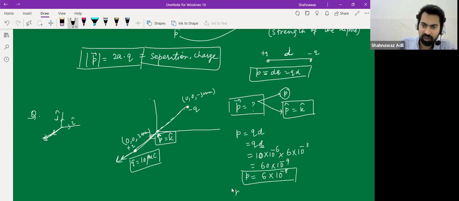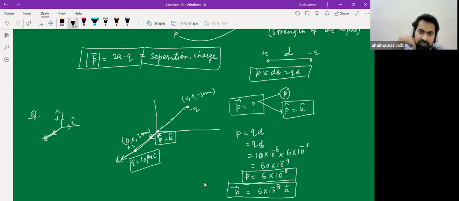So the P vector would be 6 into 10 to the power minus 8 K hat. Understood, Aisha? Yes, sir. So please note this down, and then we will calculate the electric field due to this dipole.